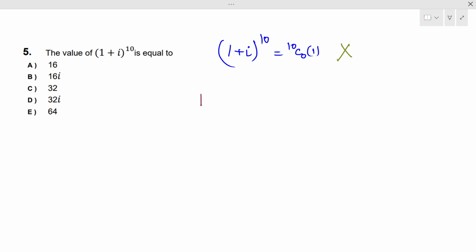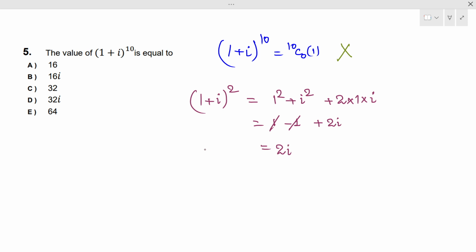So first we will see (1 plus iota) squared, which is equal to a squared plus b squared plus 2ab, right? Now 1 squared is 1, iota squared is minus 1, plus 2i. So 1 and minus 1 will get cancelled out. Now you have (1 plus iota) whole squared is equal to 2i.